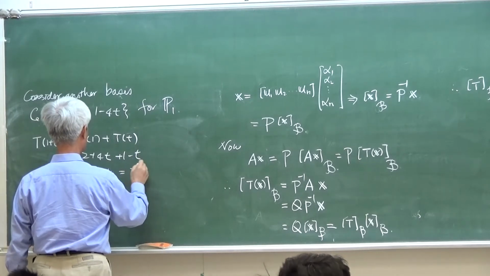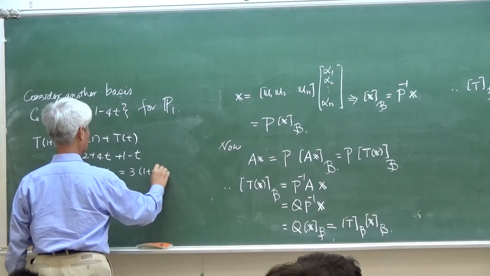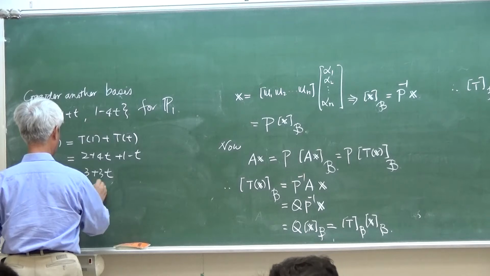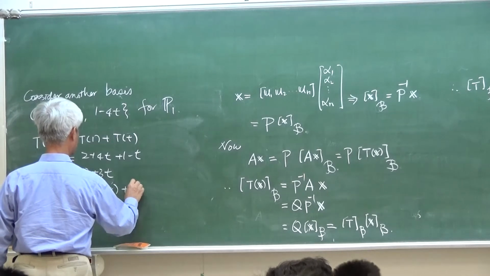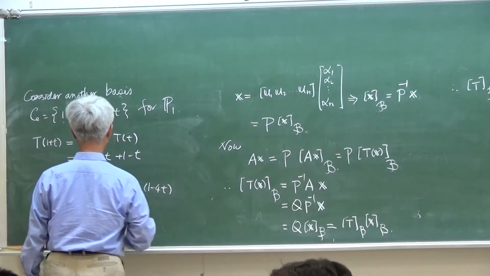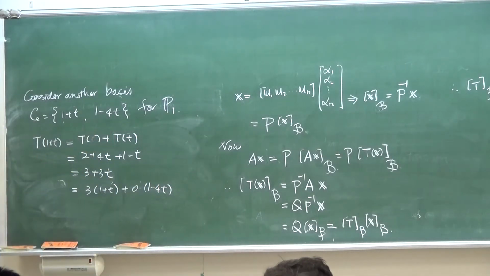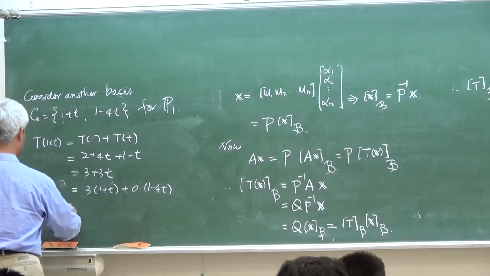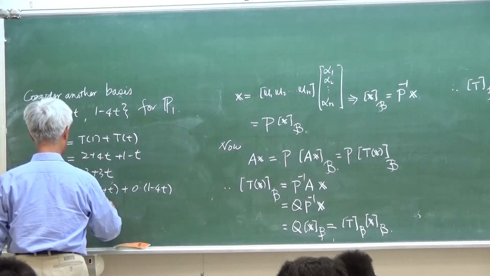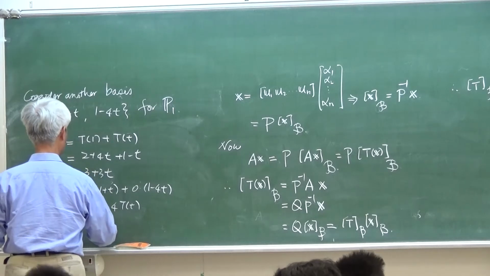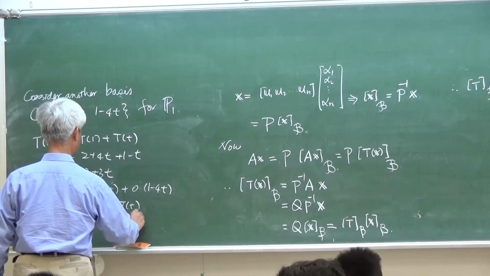Alright, so it's 3 times (1 plus t) plus 0 times (1 minus 4t). Right. And again, T of 1 minus 4t. So this is 2 plus 4t minus 4 minus t.